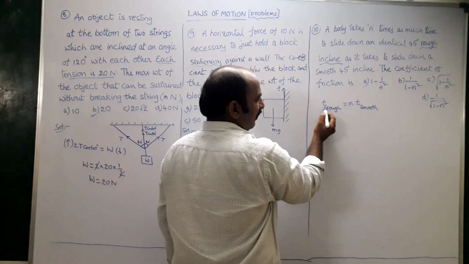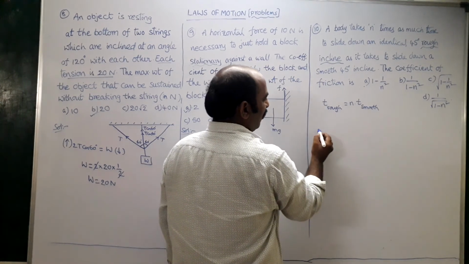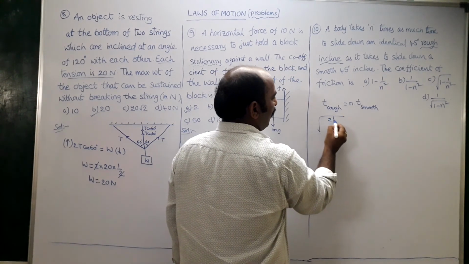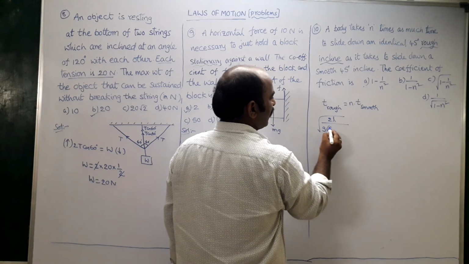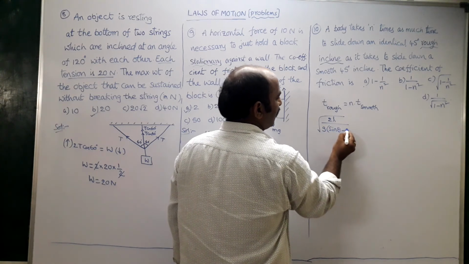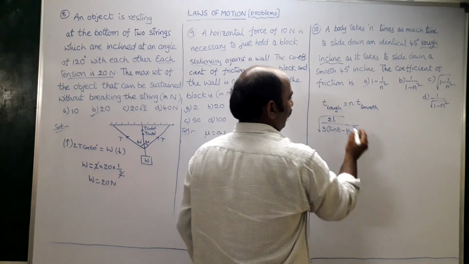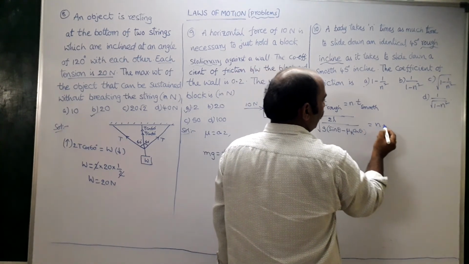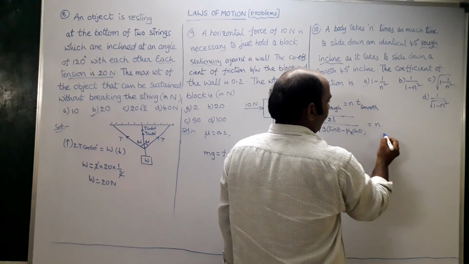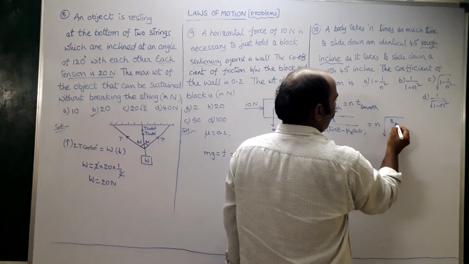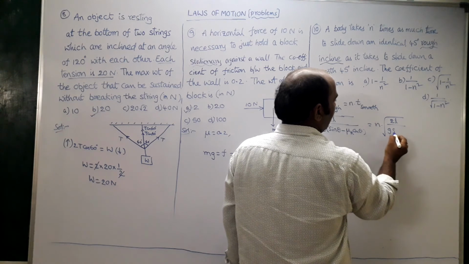You know the time taken formula, root of 2L by g of sin theta minus mu k cos theta. This is for rough inclined surface is equal to n into, on smooth inclined surface we take time value root of 2L by g sin theta.